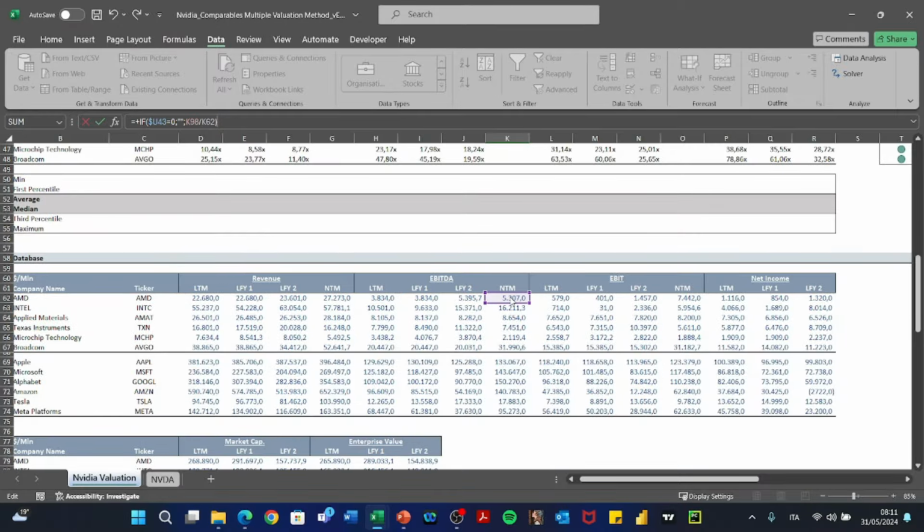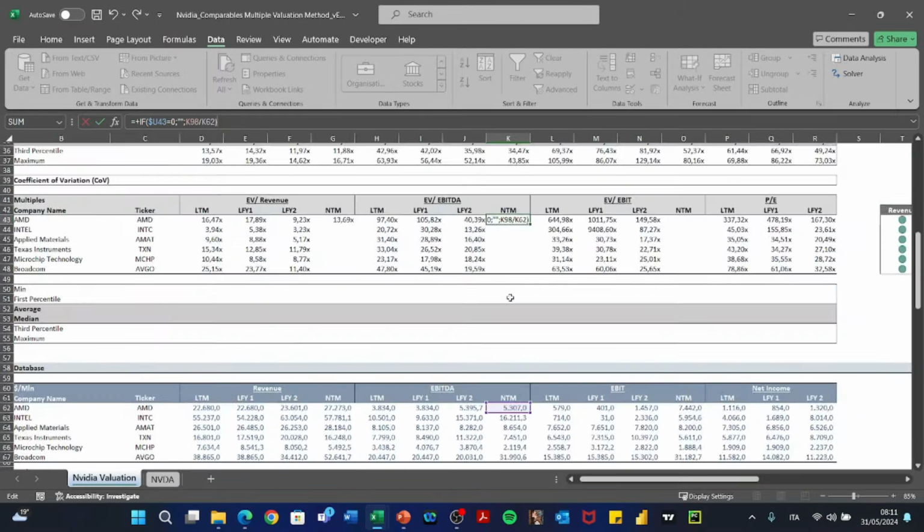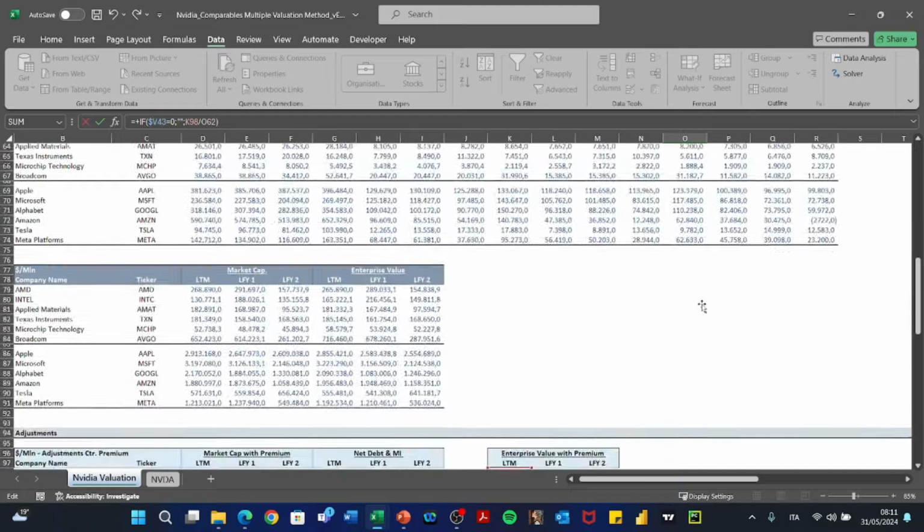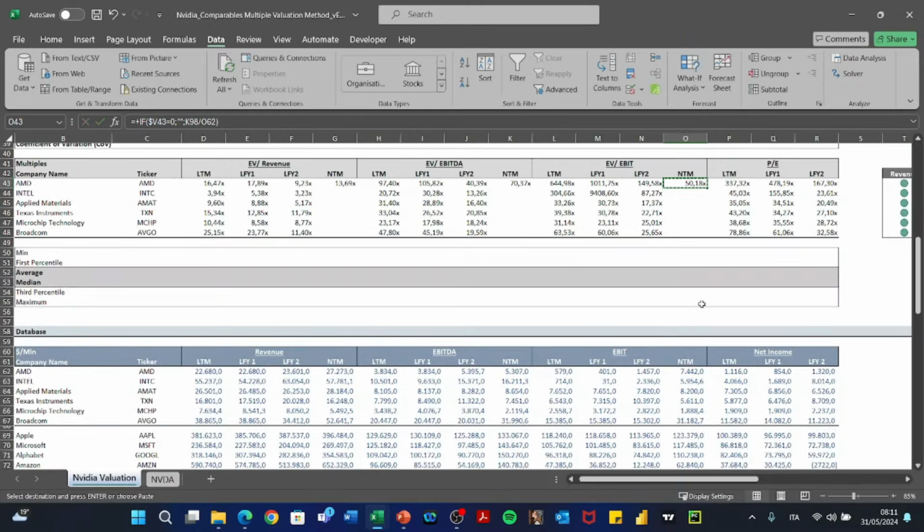With the next 12 months EBITDA, the last 12 months, the price value, and next 12 months EBITDA. Okay, the price value, perfect.